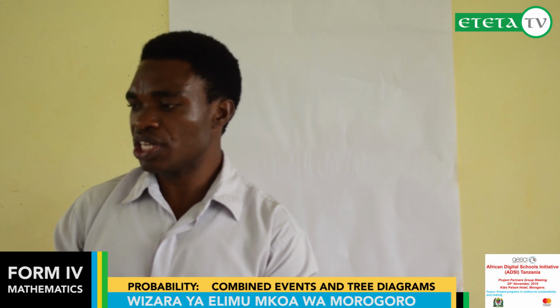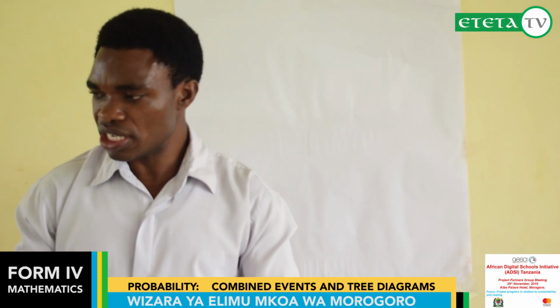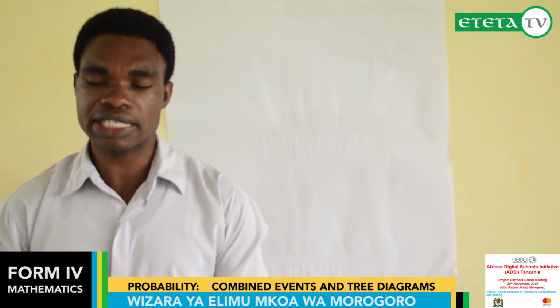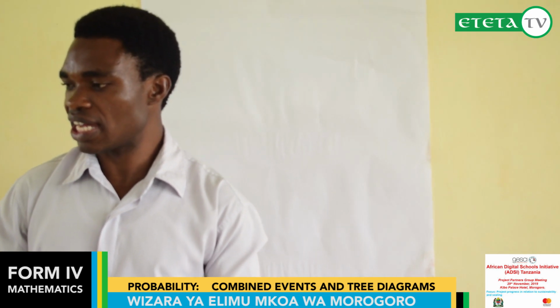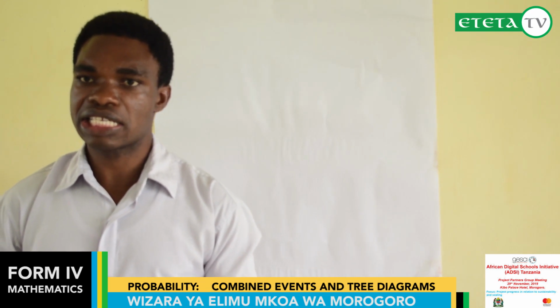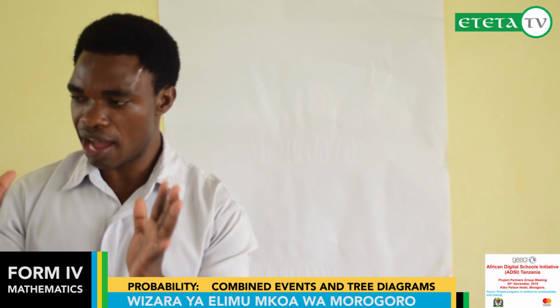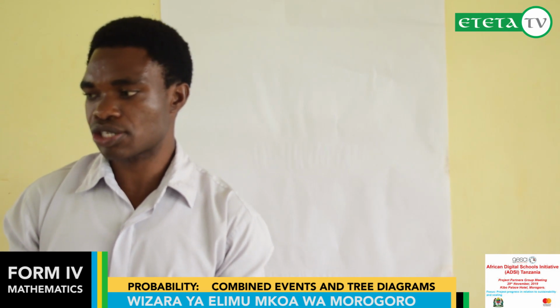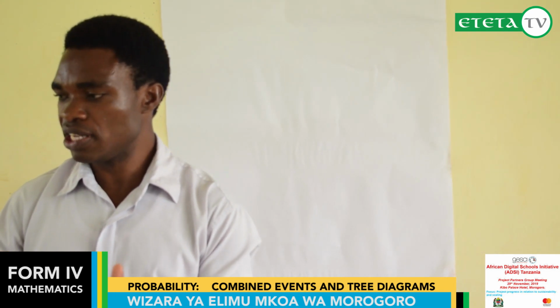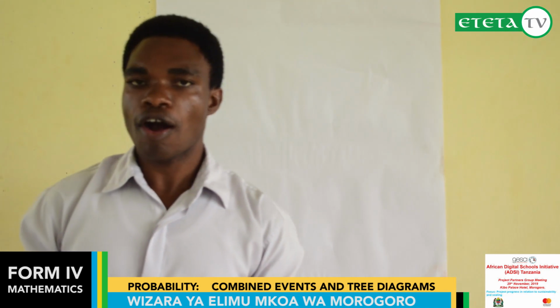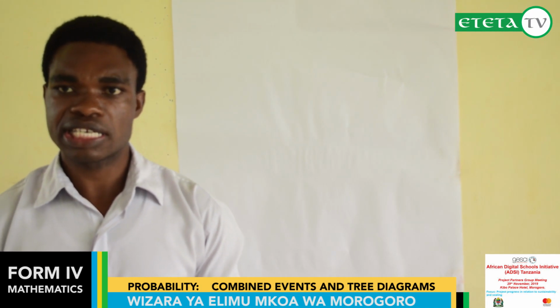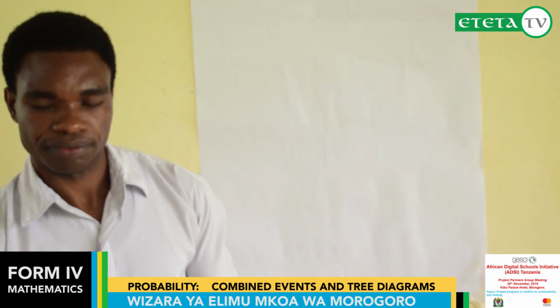We are required to draw the tree diagram to find the sample space, and again find the probability that the fraction written is less than a half. So we have 2 ways here. The first is to draw the tree diagram to find the sample space. And again, we will be required to find the probability of writing a fraction which is less than a half.